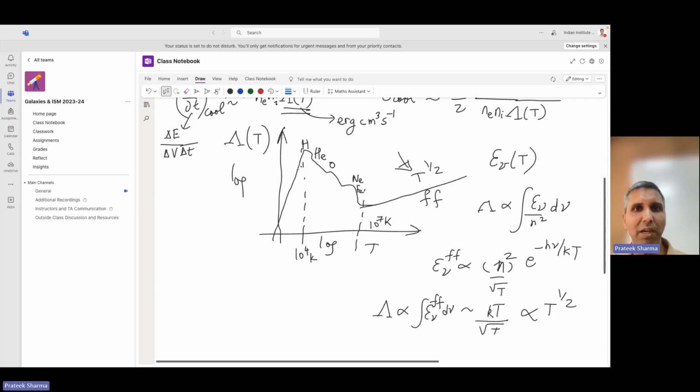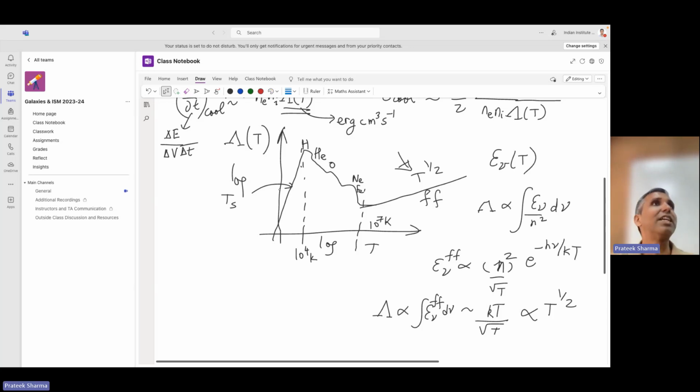That's why a lot of plasma likes to sit at these temperatures, because it can cool, but as it hits about 10 to the 4 Kelvin, it is no longer able to populate higher levels of hydrogen, which can take away the energy radiatively. So it likes to sit there for a long time.